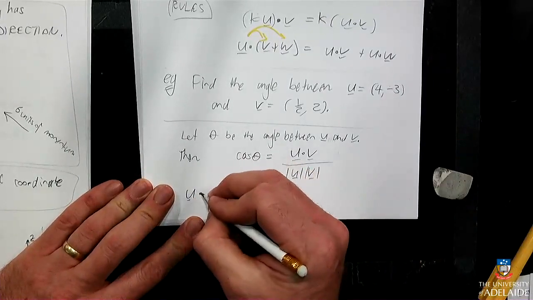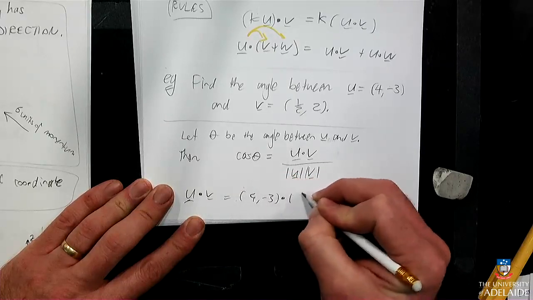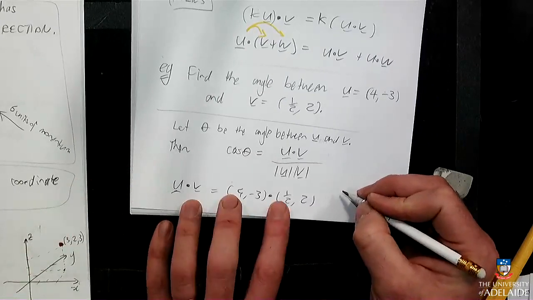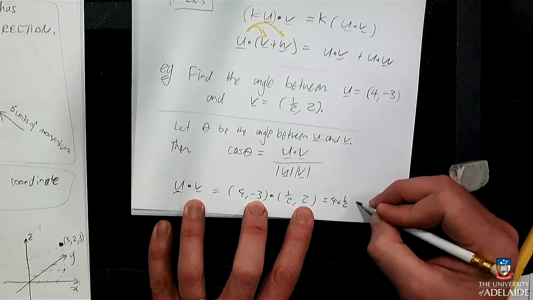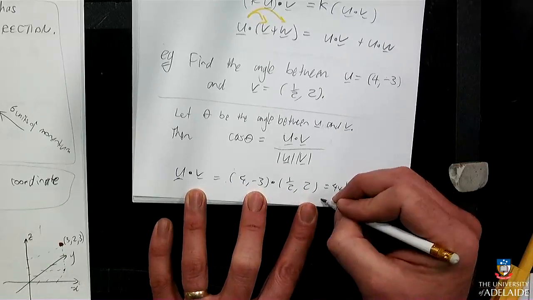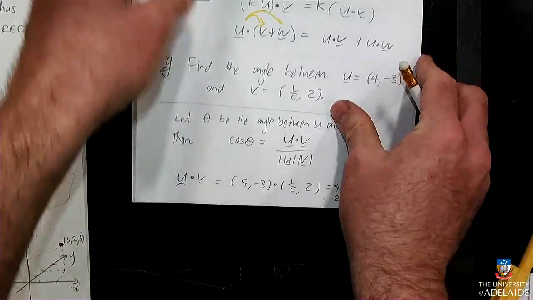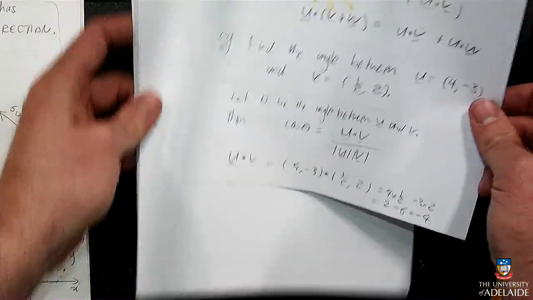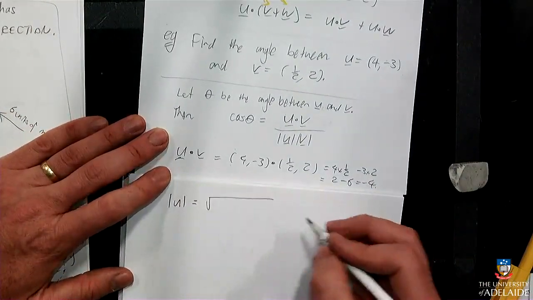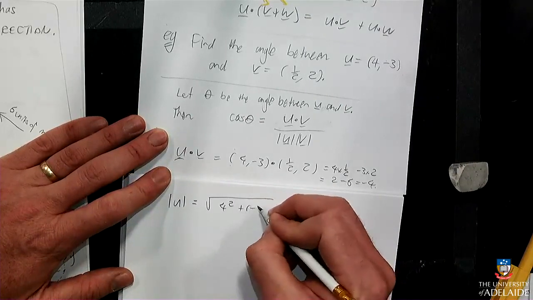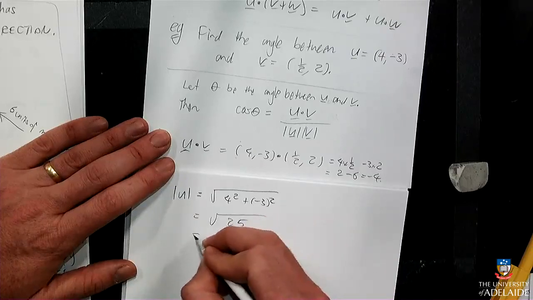So u dot v is (4, -3) dot (1/2, 2). The x's will be 4 times a half minus 3 times 2, which is 2 minus 6, which is negative 4. The length of u is the square root of 4 squared plus negative 3 squared, which is the square root of 25, which is 5.